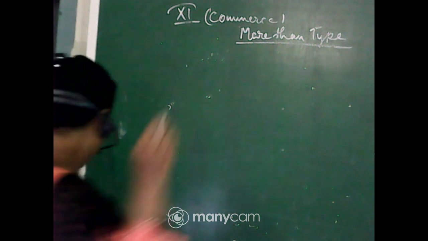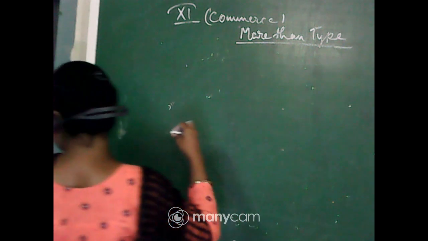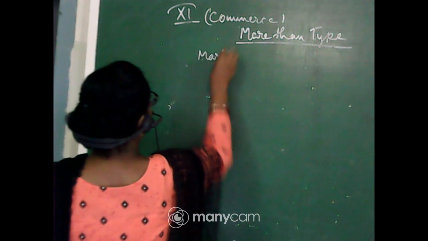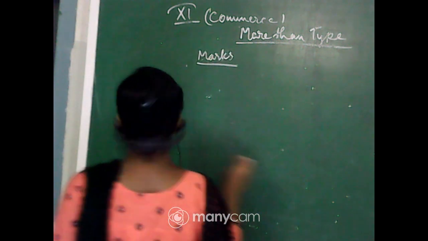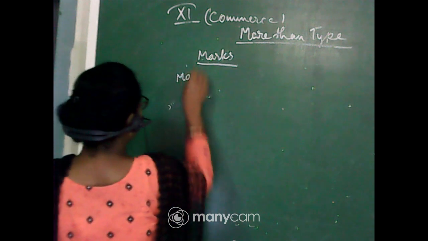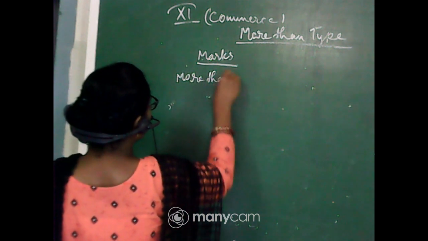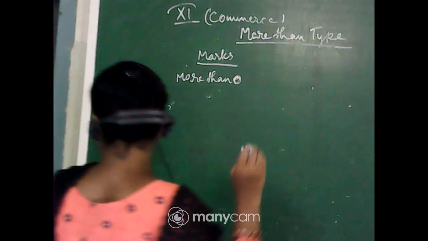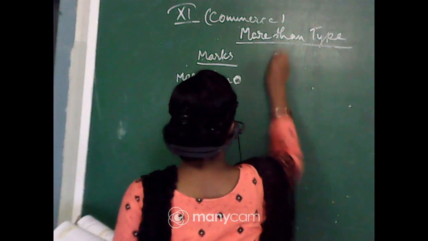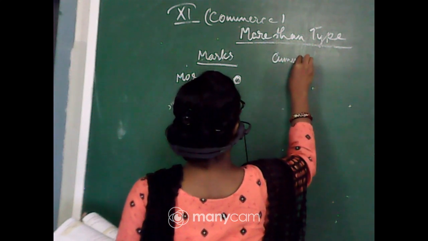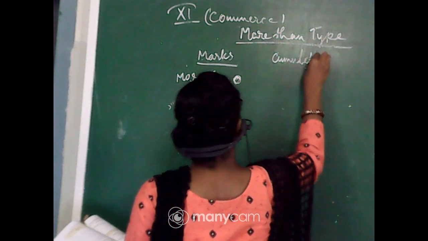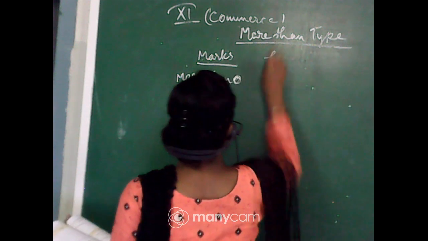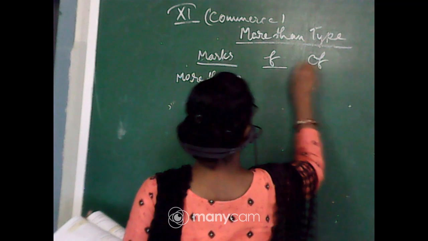Same here, marks. Already you have the data 0 to 5. So here we write down for the more than type, more than 0, that means greater than 0, that means 0 to 5. And here we find out the cumulative frequency. First write down the frequency, then write down the CF. Frequency, cumulative frequency.